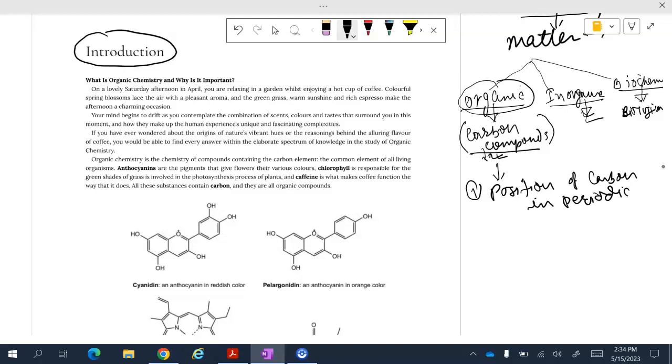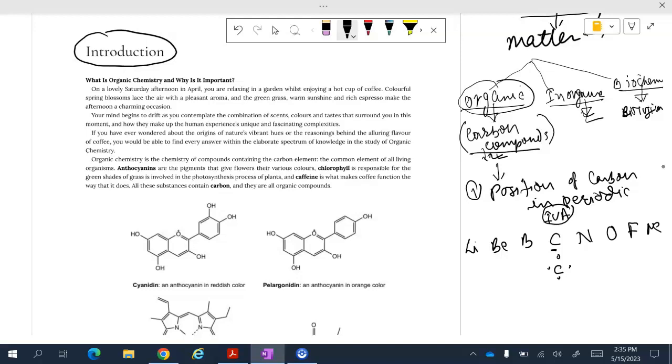If you look at the second row in the periodic table, there are the elements lithium, beryllium, boron, carbon, nitrogen, oxygen, fluorine, and neon. Carbon belongs to the second period and group 4A. Because of this group, it has 4 valence electrons, right?